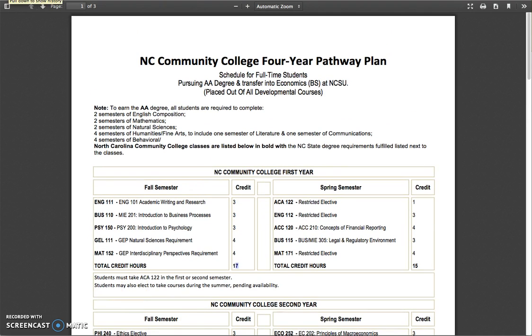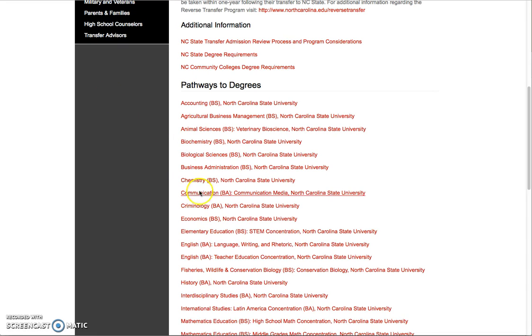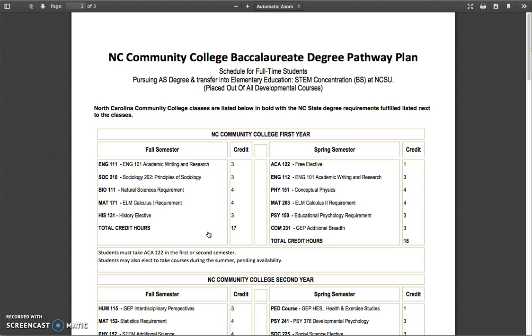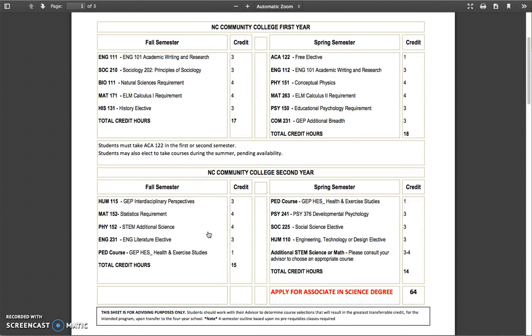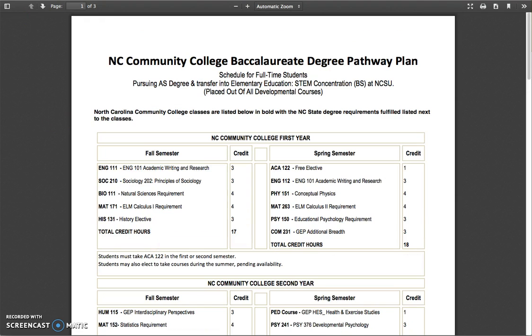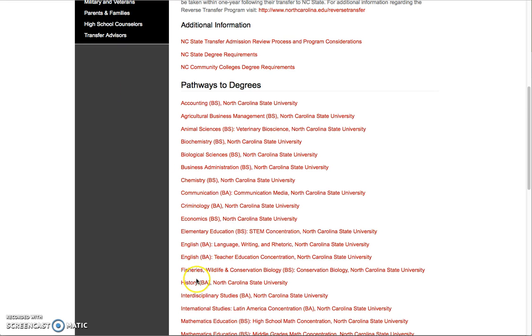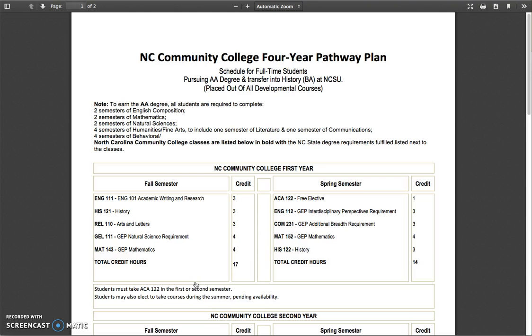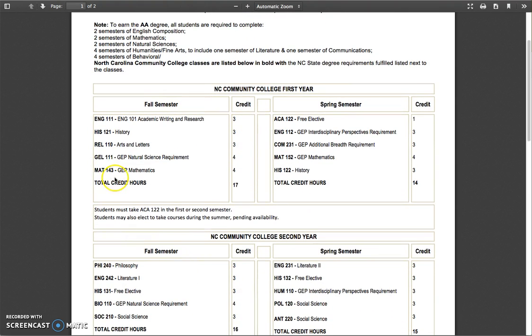I'm going to go back one, and let's look at elementary education. So in that case, they're again starting you up at Math 171. They want you to get a lot of these math courses in. Let's look at history. So with history, they don't have as much preference that you get all the way up to calculus.